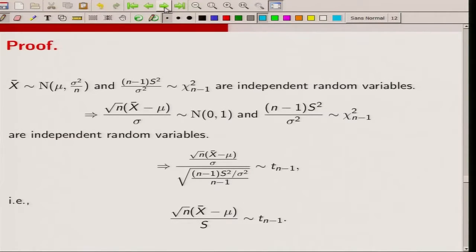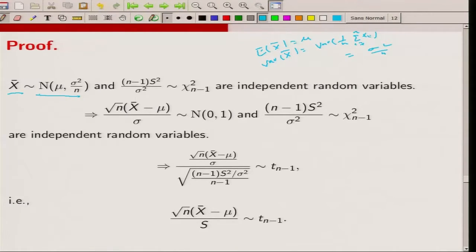The proof is very simple, because x bar is a linear combination of independent normals, so it has to be normal. If it is normal, then I know the parameters are its mean and variance. The expected value of x bar is always mu, so the mean is mu, and its second parameter is the variance of x bar, which is variance of 1 by n summation i equals 1 to n xi, which is nothing but sigma square by n.